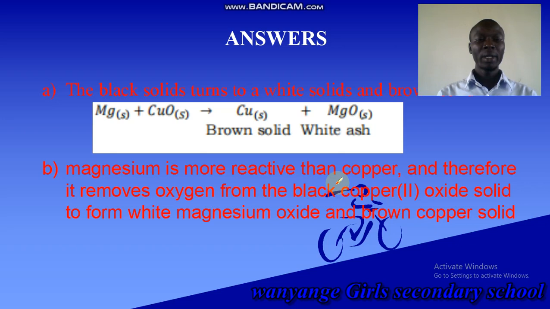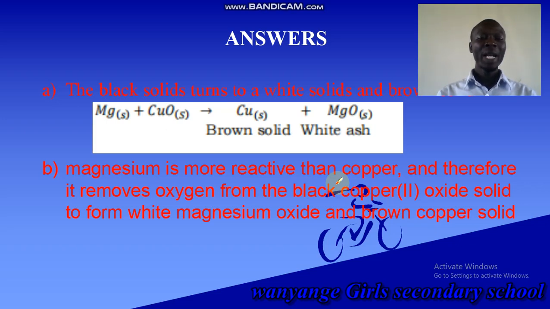Okay, and the initial color of copper 2 oxide is black. So the explanation will be simple, that the magnesium being more reactive than copper will remove oxygen from copper 2 oxide, which is the black solid, to form a white solid of magnesium oxide and a brown solid of copper.